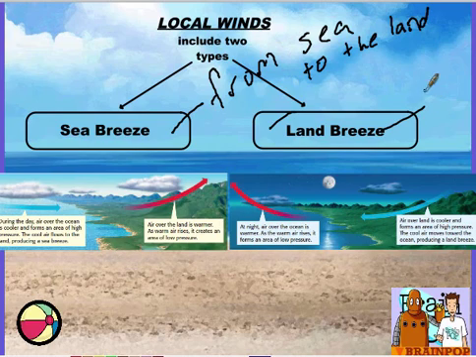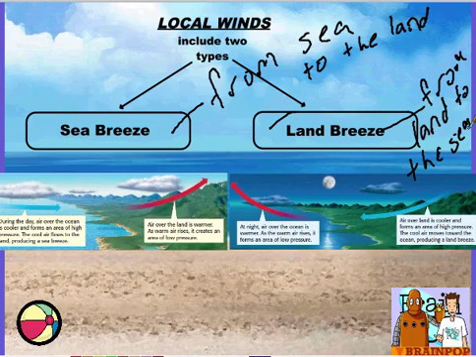It's blowing from the land to the sea. Now, what causes this is just temperature differences. The ocean or the sea is going to hold its temperature much better than the land can. So the ocean's temperature is going to be pretty consistent.